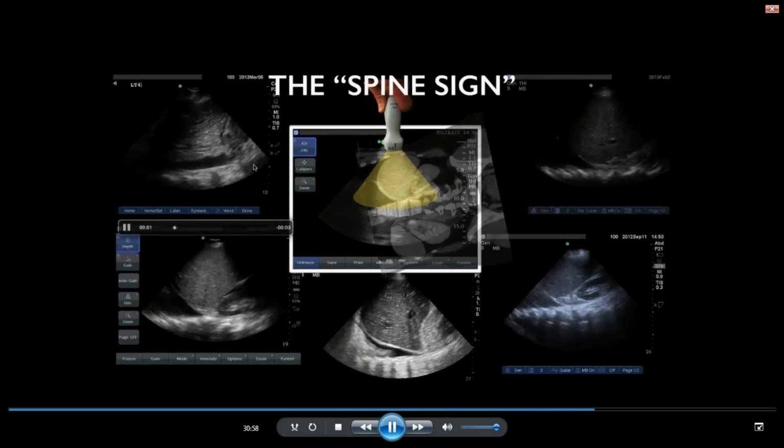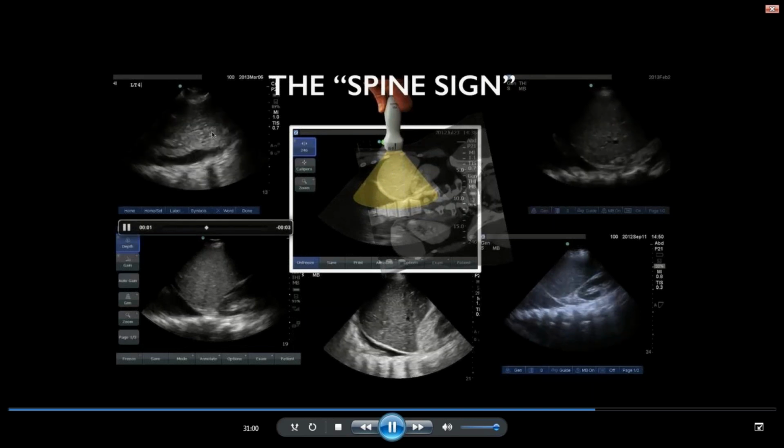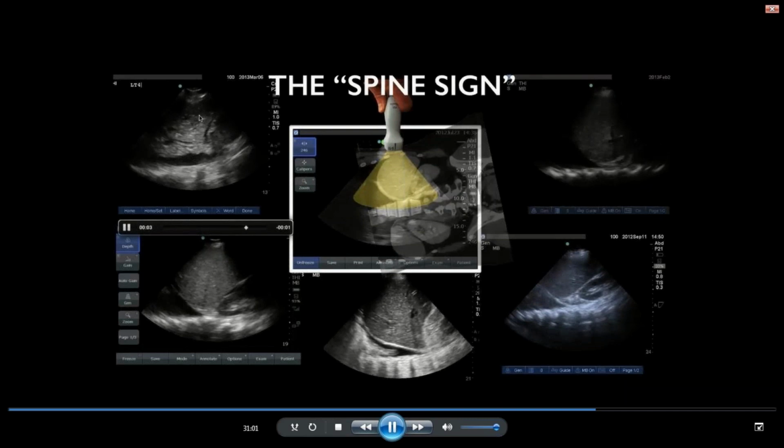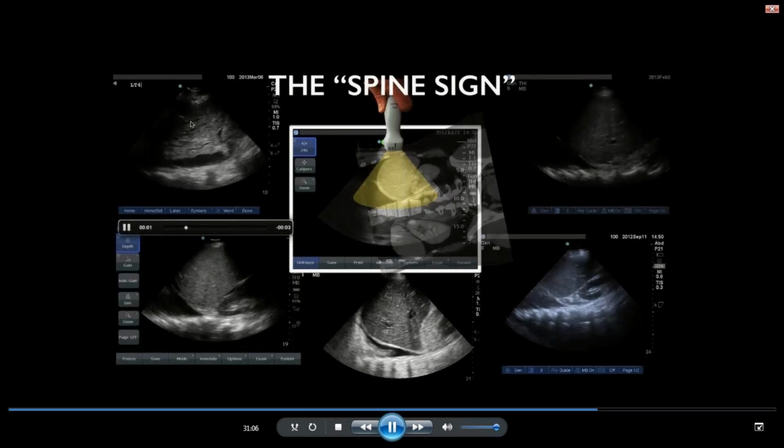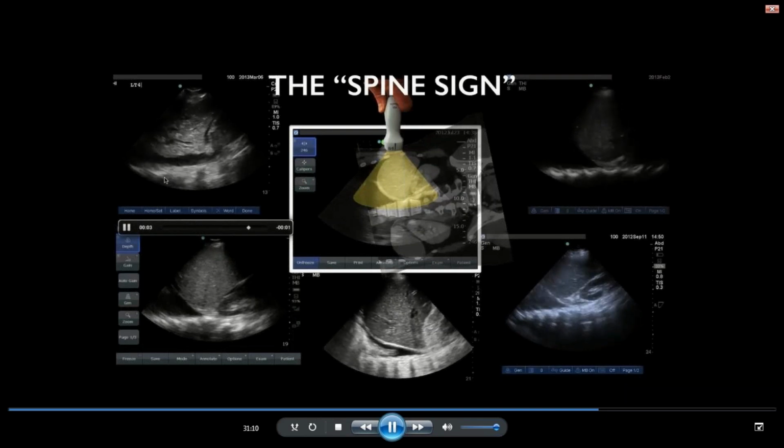However, when pleural fluid replaces this, and in case there's a consolidated lung, there's even a better acoustic window, and one can actually appreciate the thoracic spine extending over the diaphragm.